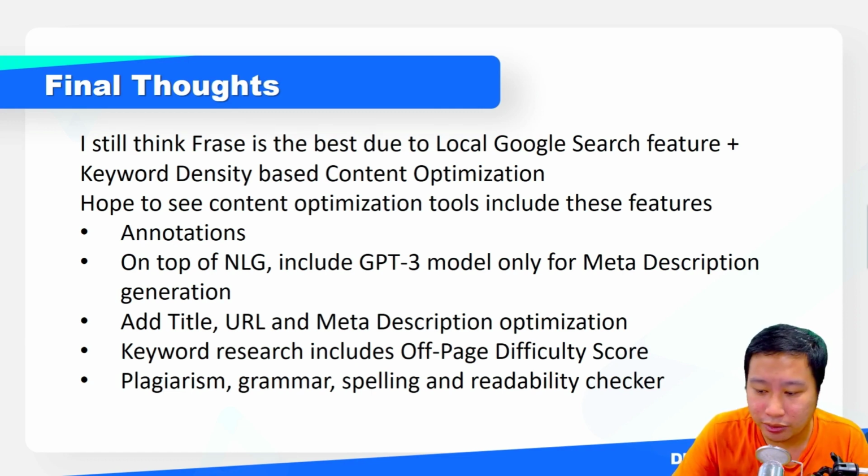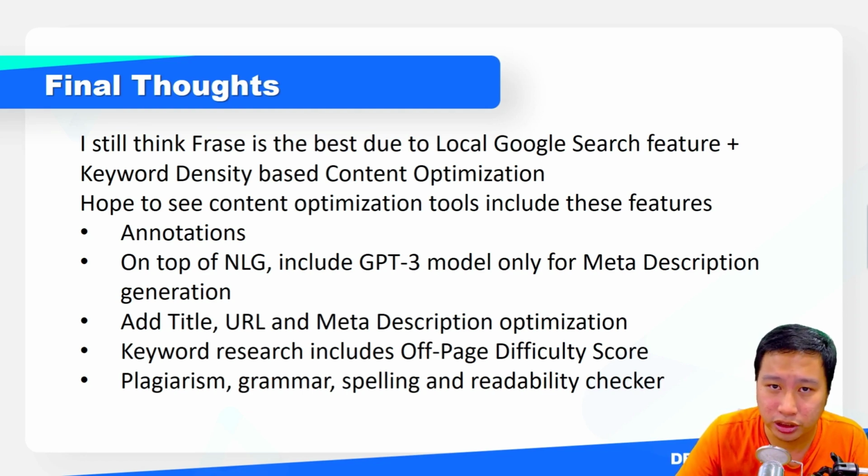I would say that Frase is still ahead, but WriterZen is actually very close behind. Outranking, however, has features that are kind of here and there. They try to do everything right now, so they would probably need some time before they get good in every single area that they're working on.